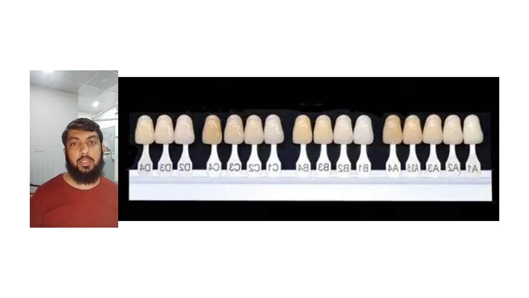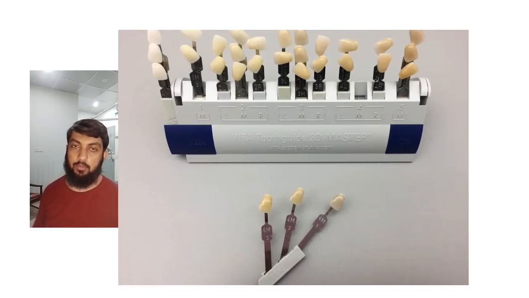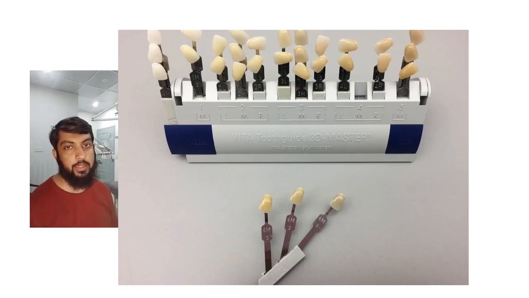Another shade guide is the Vita linear shade guide, which is based on value. The lighter, the whiter the color, and the darker the color. There are 5 different grades of that Vita linear shade guide. In these 5 there are vertical arrangements of teeth.